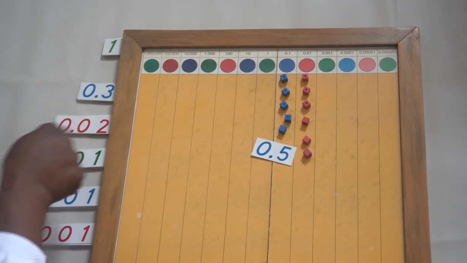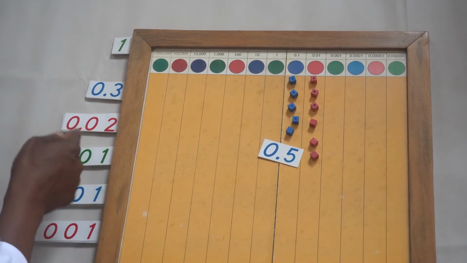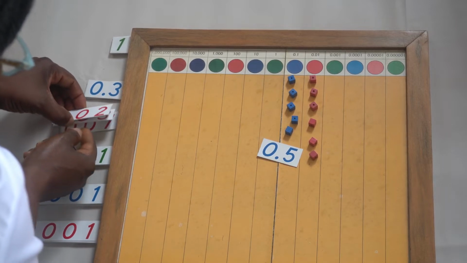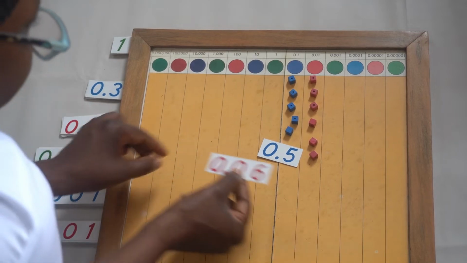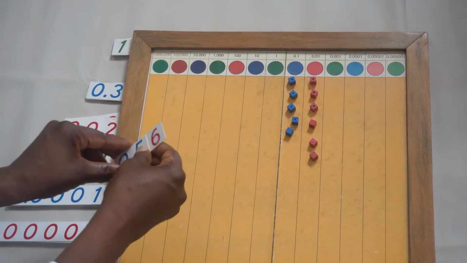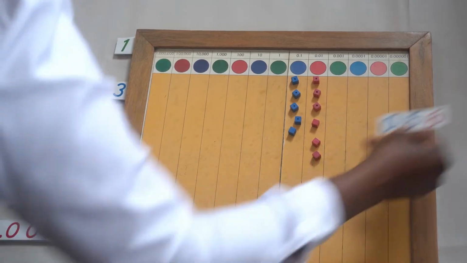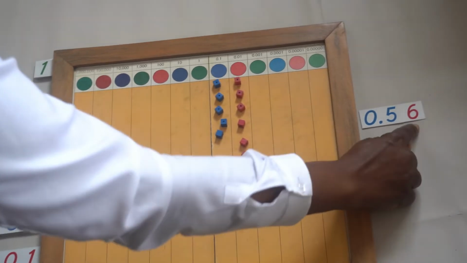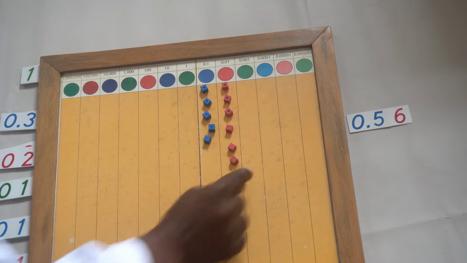Now I go to my hundredths category, I look for 1, 2, 3, 4, 5, 6 hundredths. I put them together. So what do I have? I have 56 hundredths.